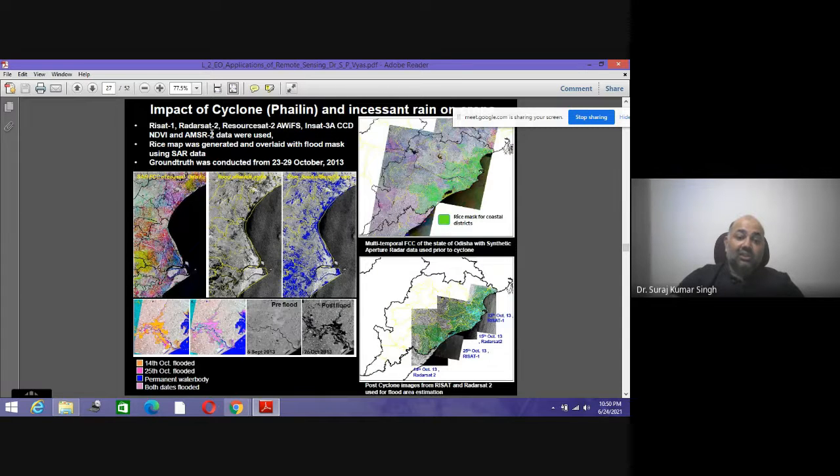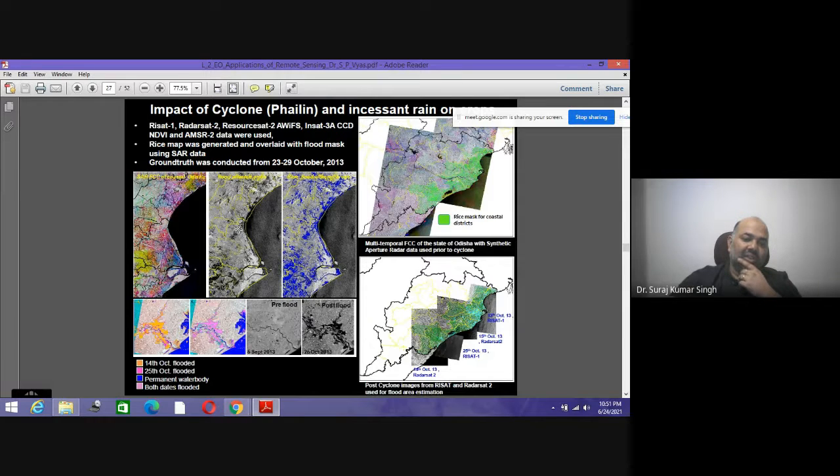So you can see the impact of flooding over the years, whether there is a change in the land use land cover pattern, what it was pre-monsoon, and what the damage is post-monsoon. Using the microwave data set, we are going to map the flood affected area. Here the black color represents flood affected areas.